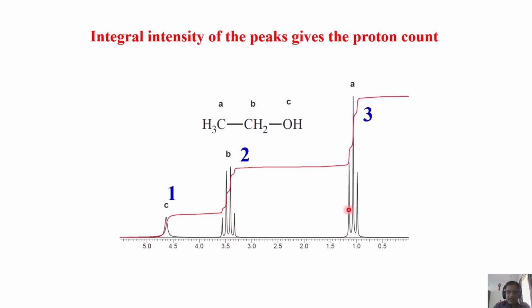Don't worry about the multiplicity. I will discuss that when I explain scalar couplings. At the moment, assume there is one proton here, one proton here, one proton here. Because these are three different types of protons, none of them are chemically equivalent, and we got three different types of peaks.